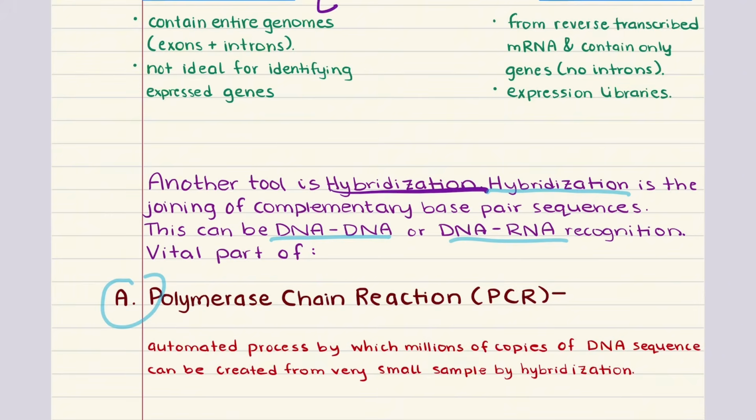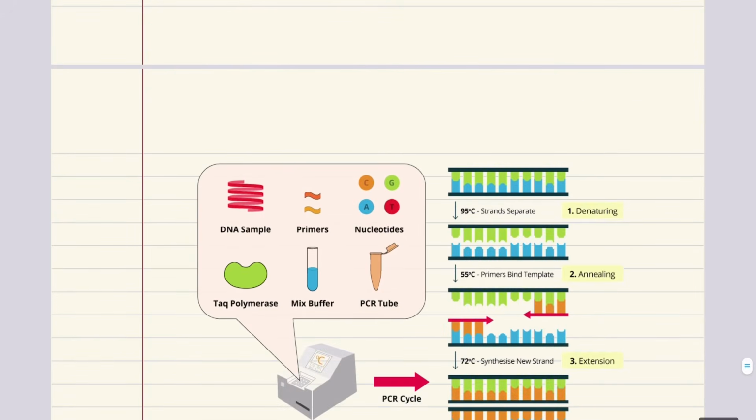PCR is this powerful automated method that can generate millions of copies of a specific DNA sequence from just a tiny starting sample. It's extremely sensitive, it's extremely fast, and it relies on primers that hybridize to the target sequence to pretty much kickstart the amplification process. So how does PCR actually work?